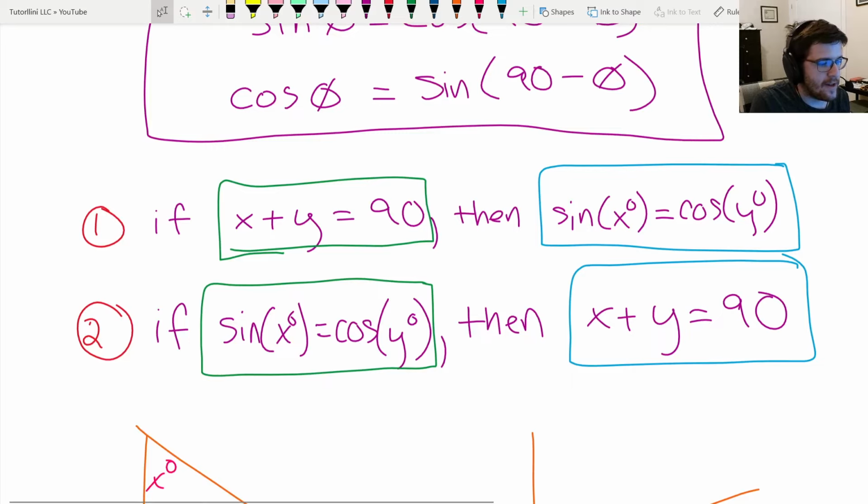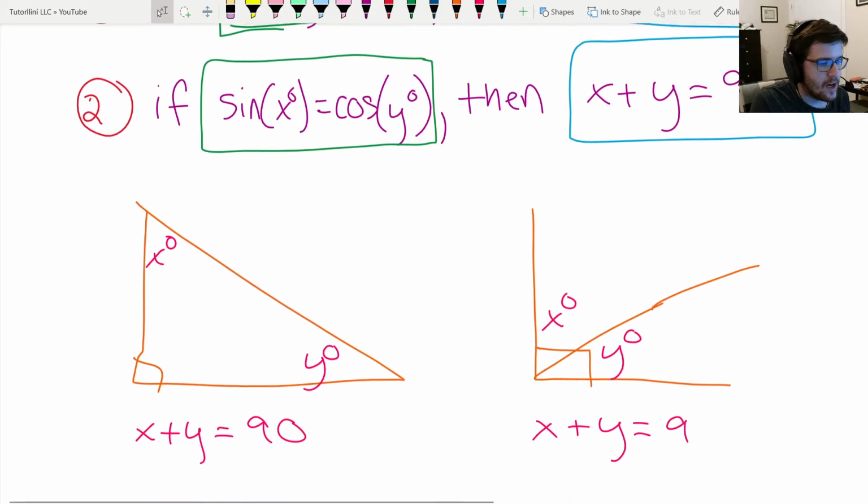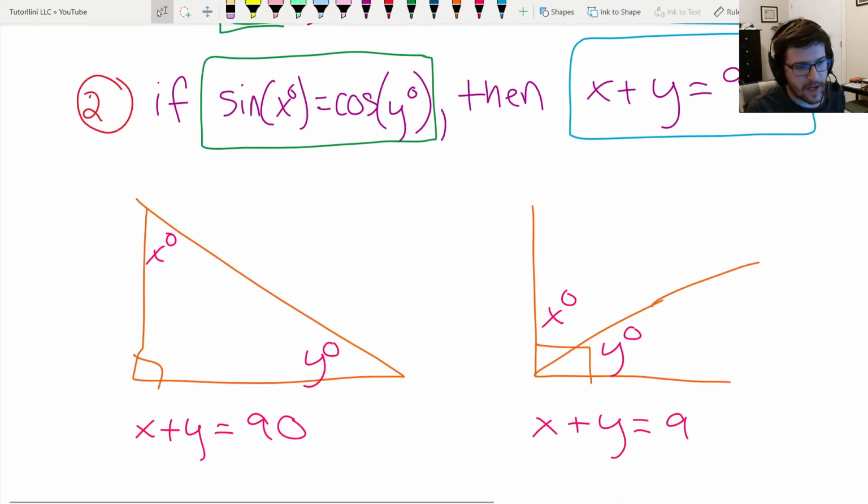I'm also going to scroll down a little bit. These are the two most common examples of pictures where they'll expect you to realize that x and y add up to 90. In a right triangle, the two acute angles add up to 90. Think about it: 180, you take away 90 for the right angle, and you have 90 left. In the picture on the right, you have a right angle and then these two angles touching.